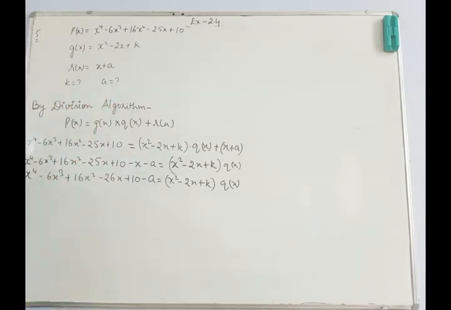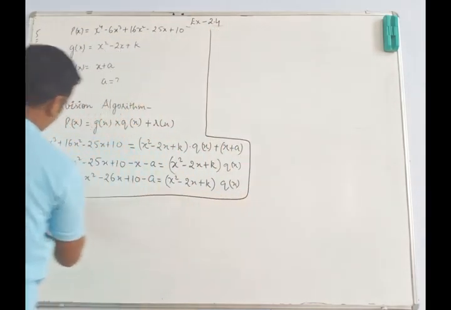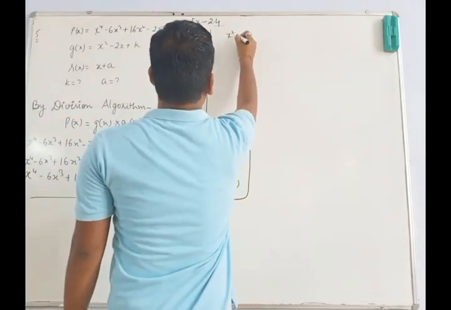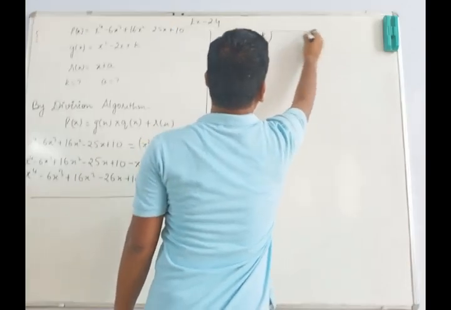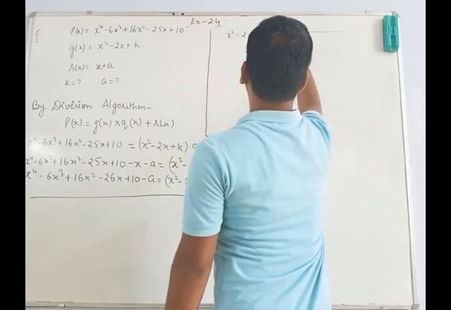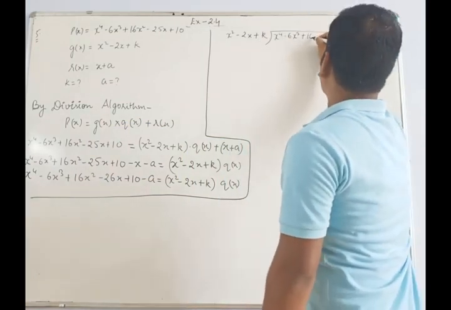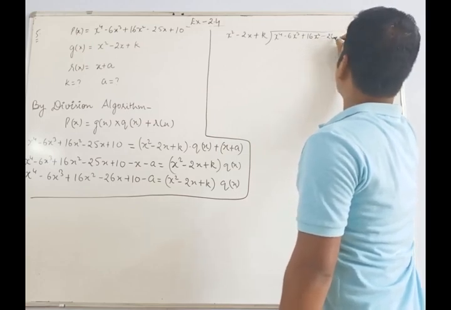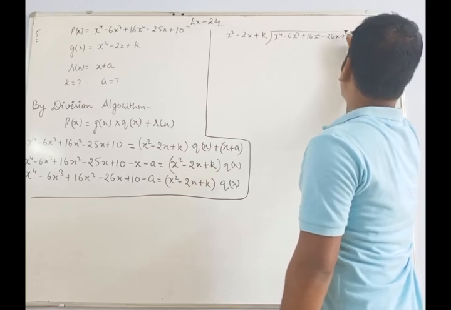Now let's divide it. x square minus 2x plus k divides x raised to the power 4 minus 6x cube plus 16x square minus 26x plus 10 minus a.